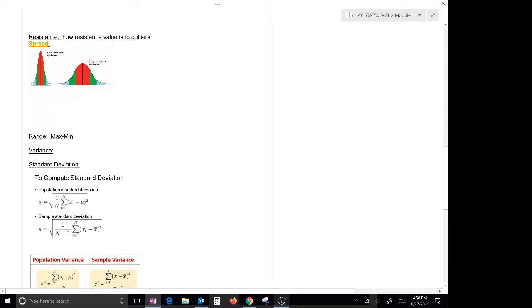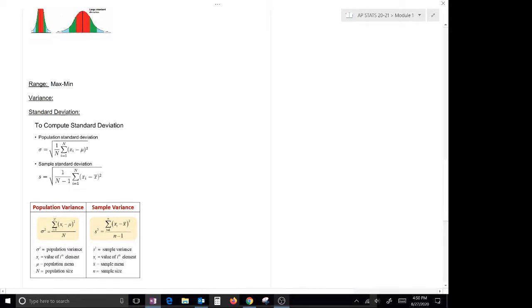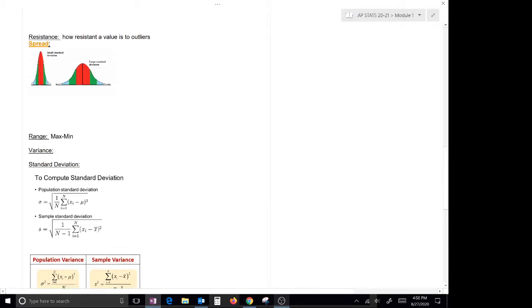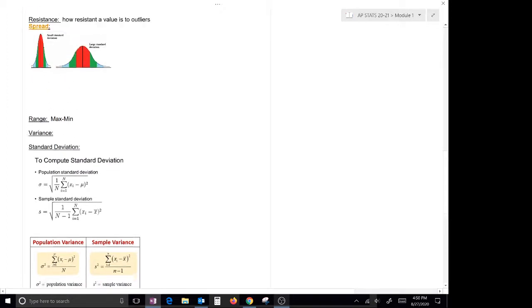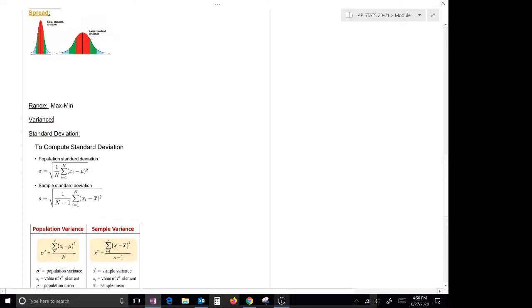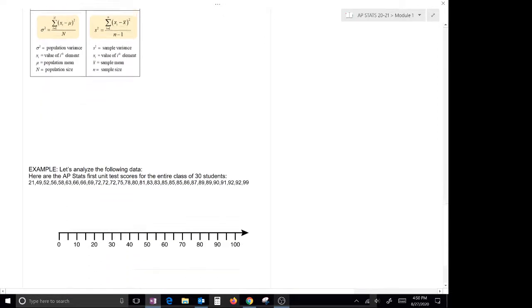The way we do that is we calculate variance and standard deviation. Standard deviation is basically a correction of variance. Let's talk about it in terms of an actual set of data.